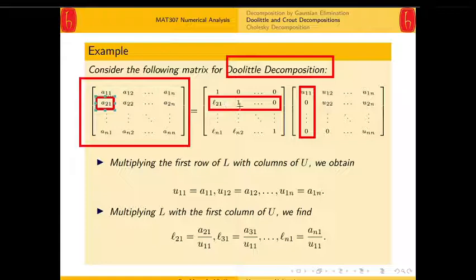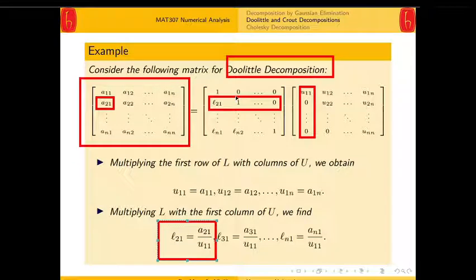Here we have zeros, and L21 times U11 will be equal to A21. So this means L21 is equal to A21 divided by U11. So this is here.